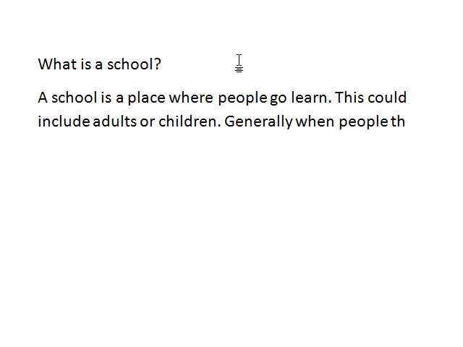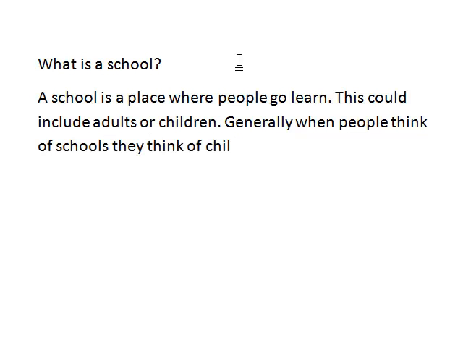Generally, when people think of schools, they think of children attending primary or high schools. Something like that. So that's a very simple answer. You can see I've just expanded on it a little bit as well, so I haven't just had one simple sentence.